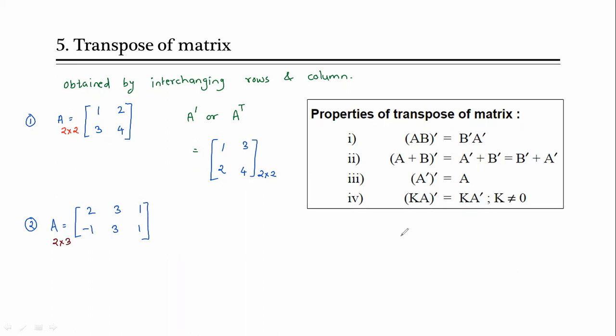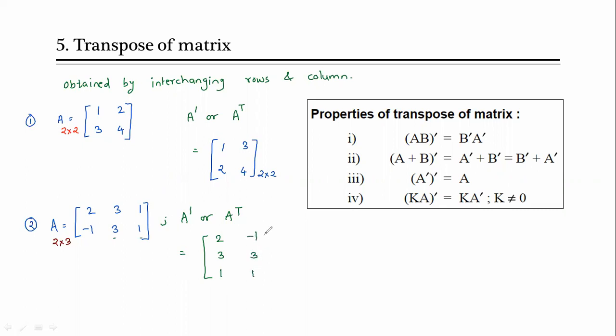And it is asked to write what is A transpose. So it will be equal to, now what you have to do, you have to interchange rows and columns. What is the first row? 2, 3, 1. So write it as a column. What is the second row? Minus 1, 3, 1. Write it as the second column.